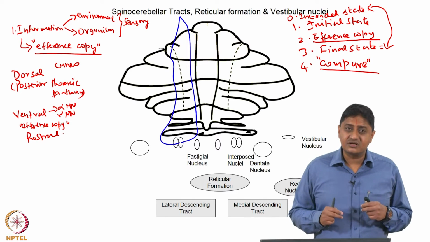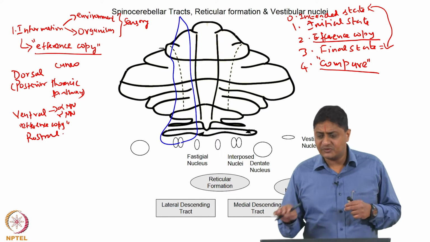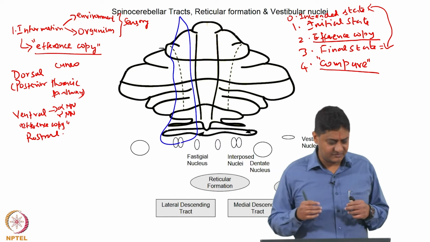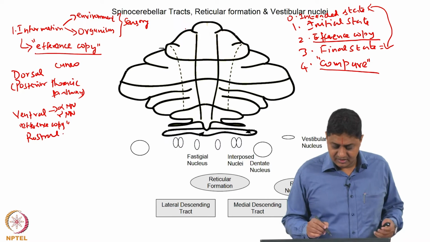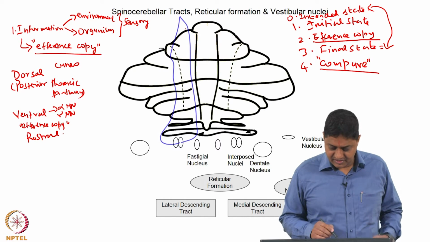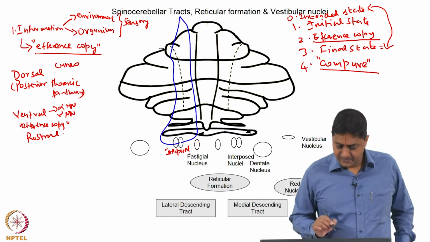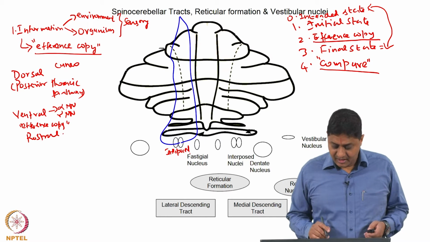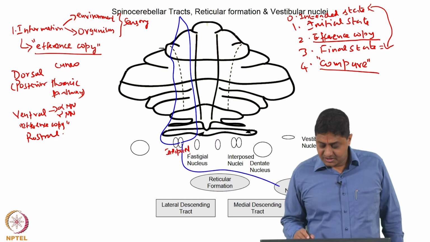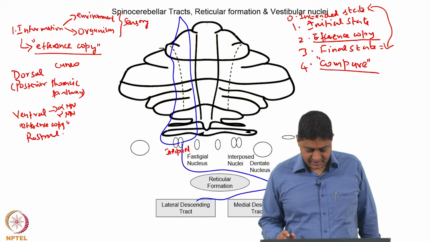When the dorsal roots are cut, the dorsal pathway becomes silent, whereas the ventral pathway continues to produce this rhythmic activity, right. So these pathways start from the spinocerebellar tract and end at the interposed nuclei. What are these interposed nuclei? Emboliform and globose nuclei, is it not?